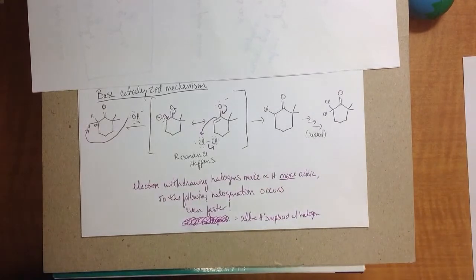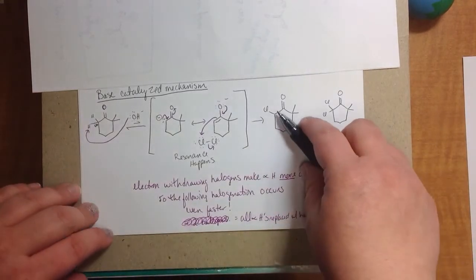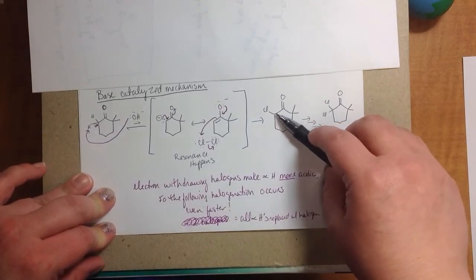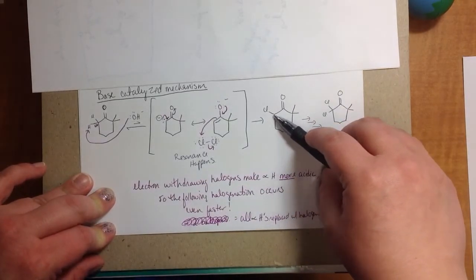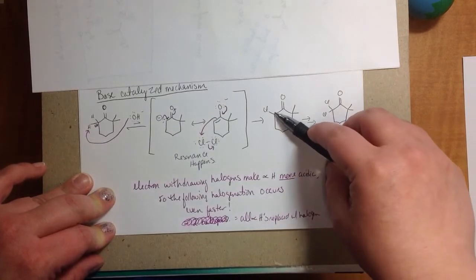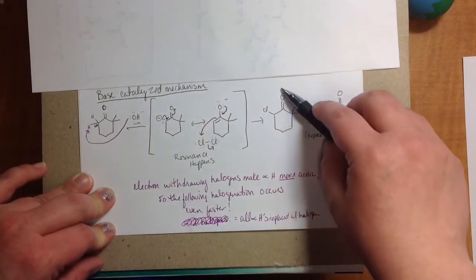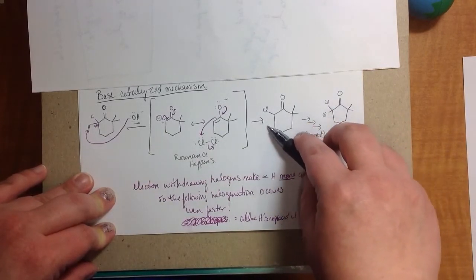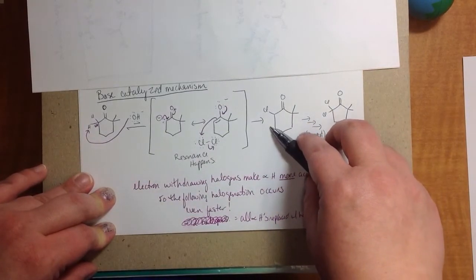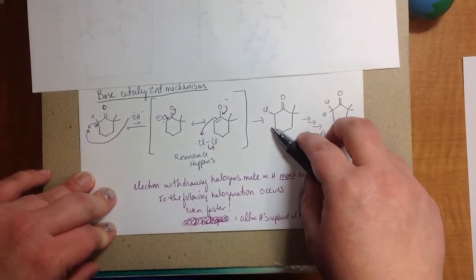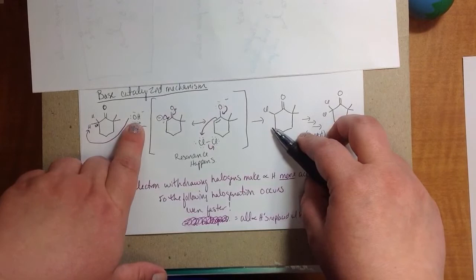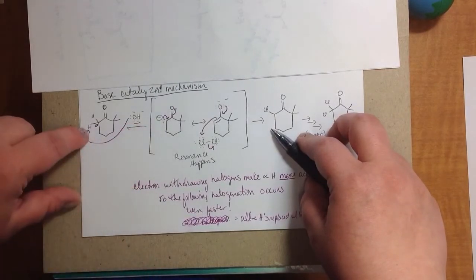Unlike the acid catalyzed, what you now have is more electron withdrawing groups around where this hydrogen is, right? Because there's still another hydrogen here. Chlorine's pulling electrons back that way, pulling electrons up this way towards the oxygen, which means that this hydrogen that's over here, even though it's not written, obviously, that's actually going to be more acidic. So the next base that can come over is going to grab another hydrogen.